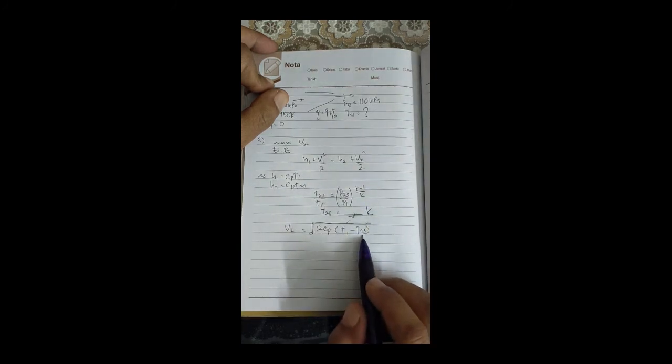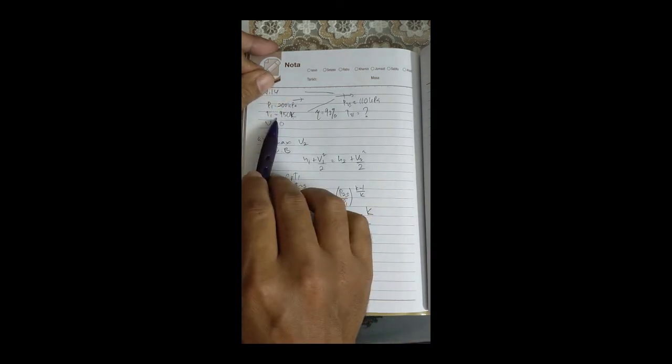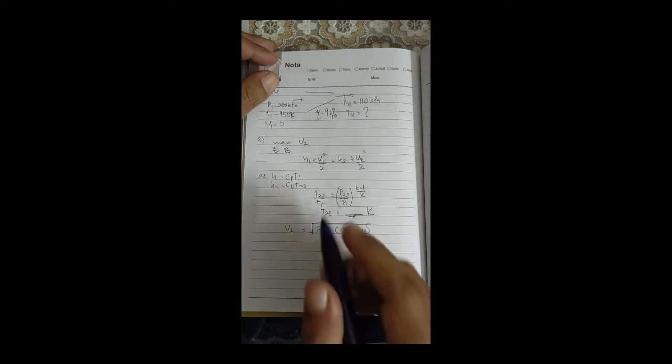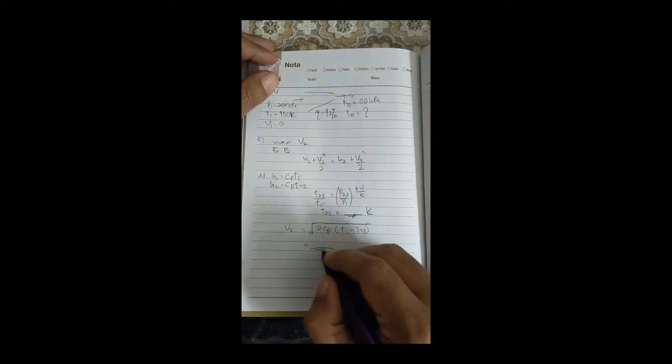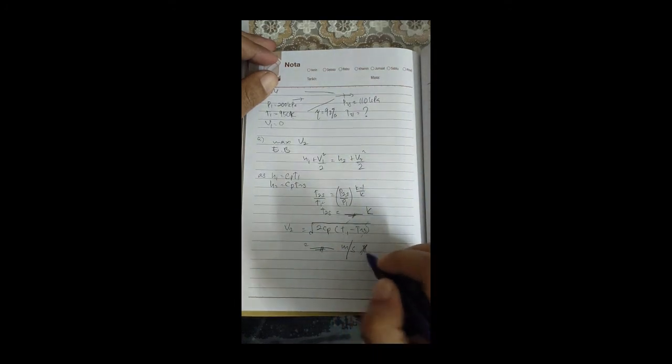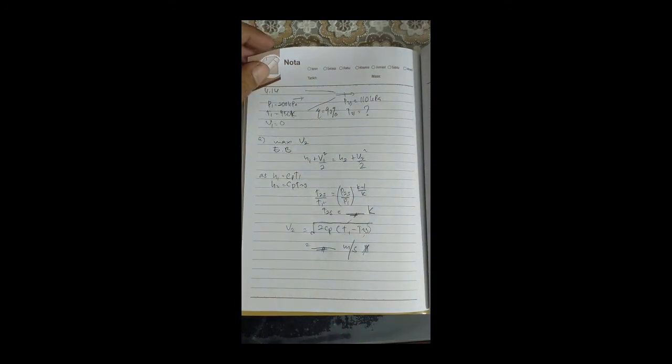You got your T1 given directly in the question. Cp, check in the tables, 1.0 something, table A2. So you got your value in meter per second. So that is the max possible velocity.